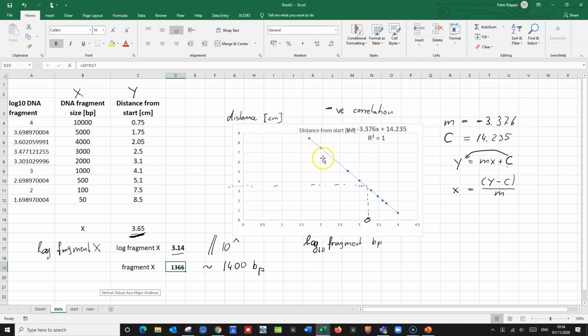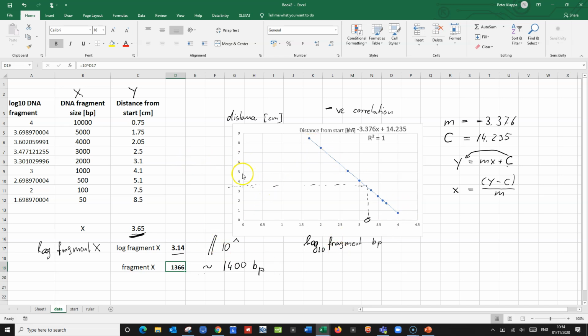And then you usually get a nice straight line. Sometimes the endpoints are not exactly on a straight line. That has something to do with the fragment sizes moving a little bit slower or faster for extreme ends, but we are not too much worried about that.